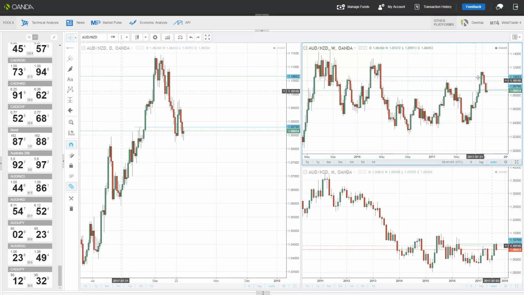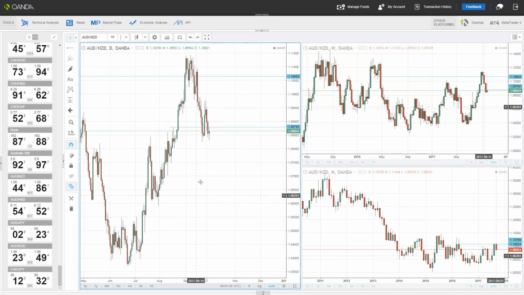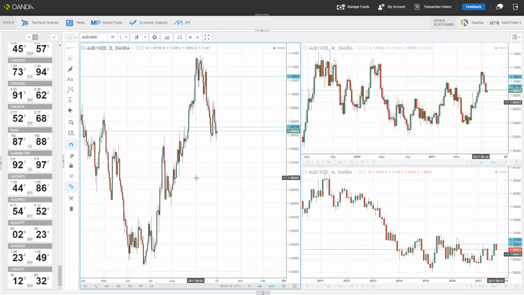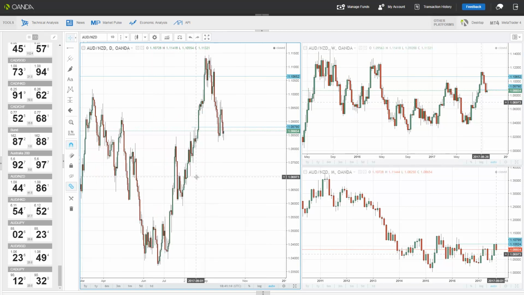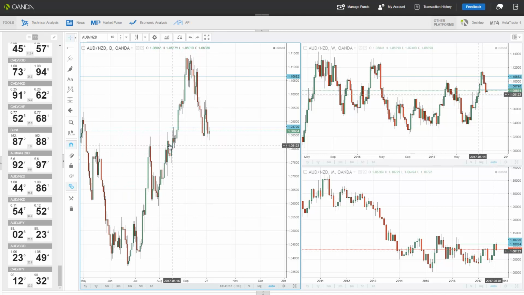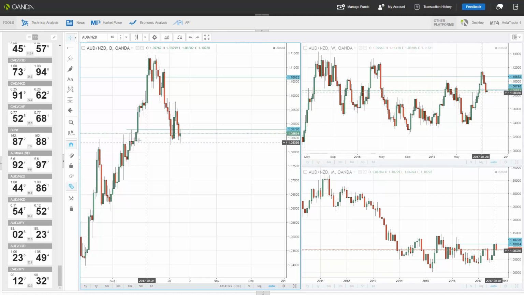Then we got the immediate retracement, and now on this daily chart we can see that we have a cluster of highs. So that's the last high before price broke up and retested.